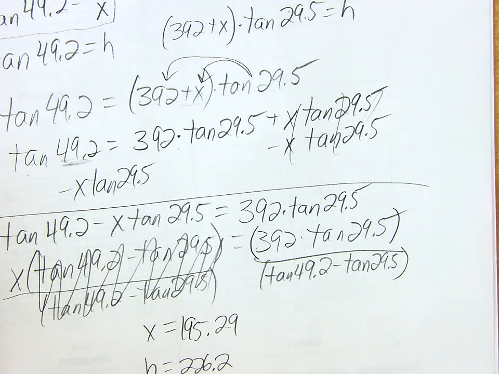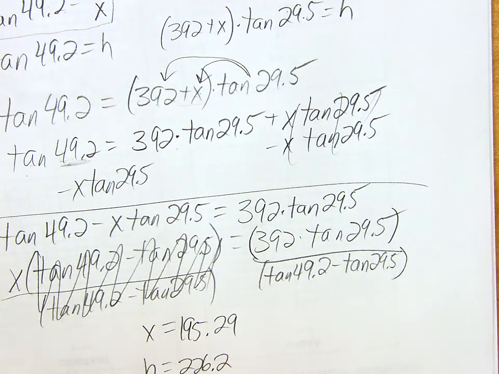So let me look. 392 times tangent 29.5, close it, divided by tangent of 49.2 minus tangent 29.5, close it. The heck? Okay, hold on.